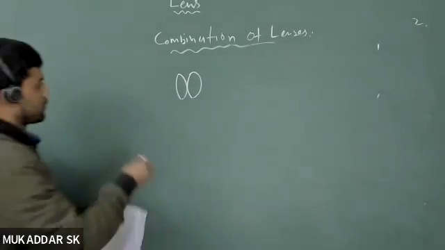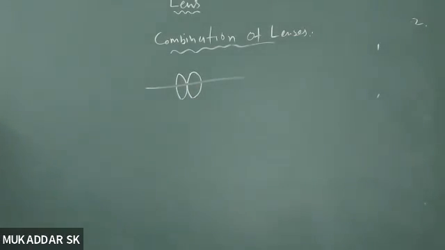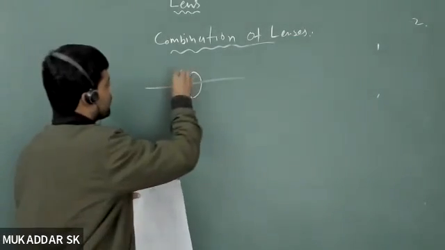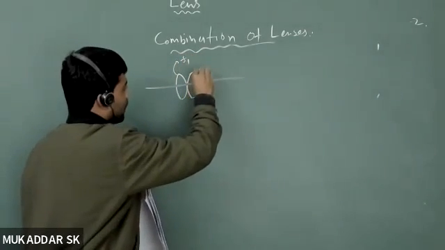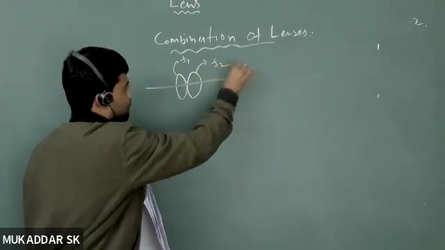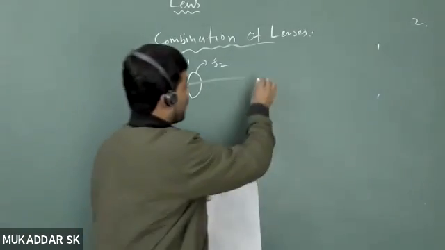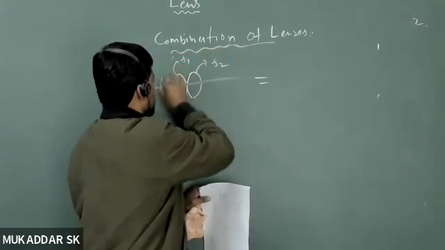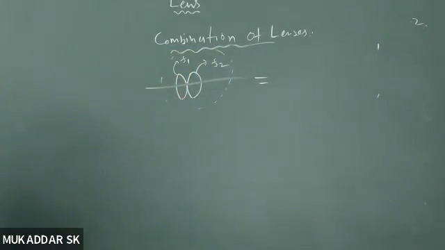And let us assume this is the principal axis. Focal length of this lens, suppose this is f1, and the focal length of this lens is f2. So how much will be the focal length of the resultant? सारे combined जो lens है इसका resultant focal length कितना हो जाएगा?